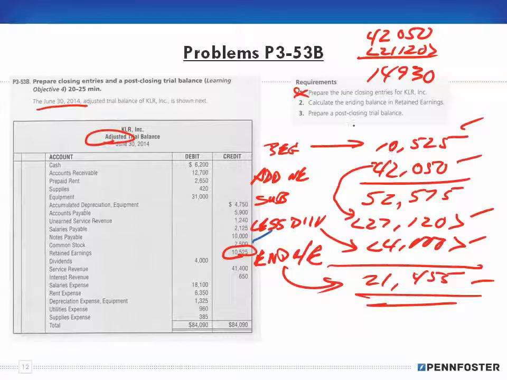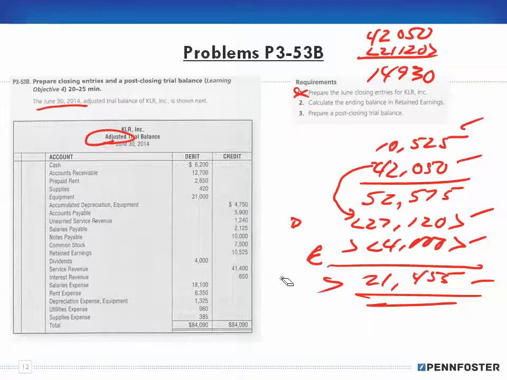Right, now it says here, prepare a post-closing trial balance. I'm not going to go through that for the simple reason, here's what's going to be different. Let me erase some of this here. Okay, so I have my adjusted trial balance. My post-closing trial balance is going to look almost exactly the same as this, except instead of having the word adjusted, I'm going to have the word post-closing here.